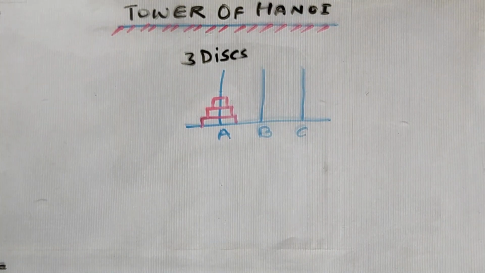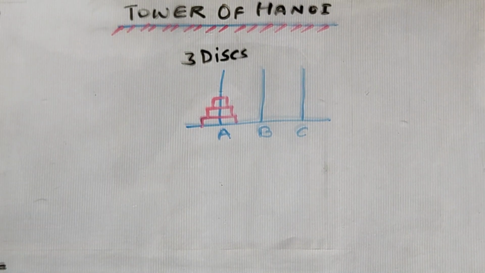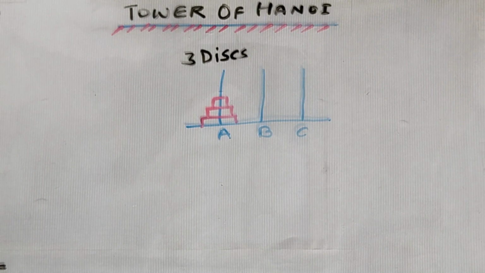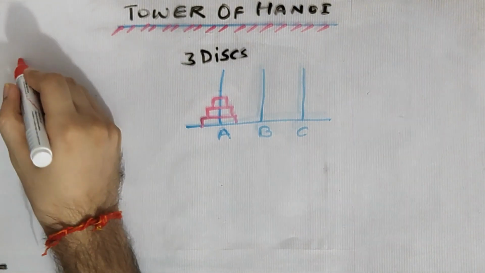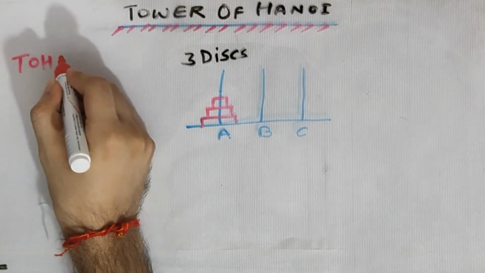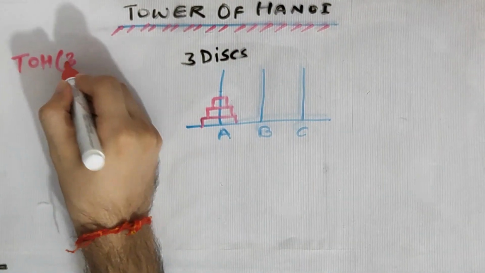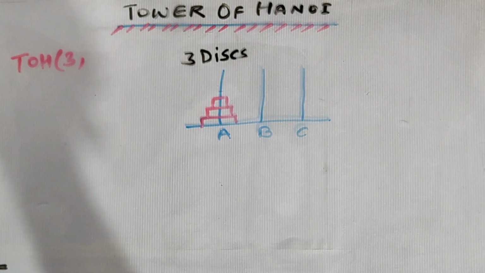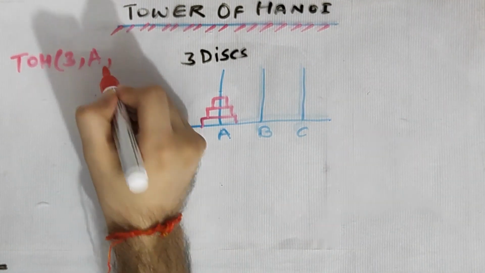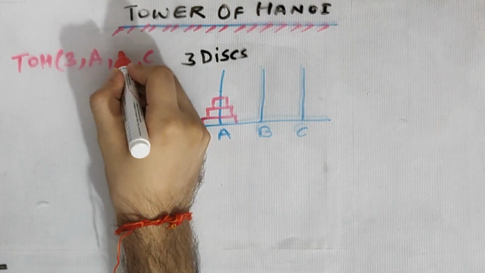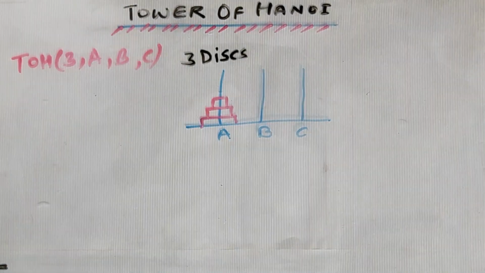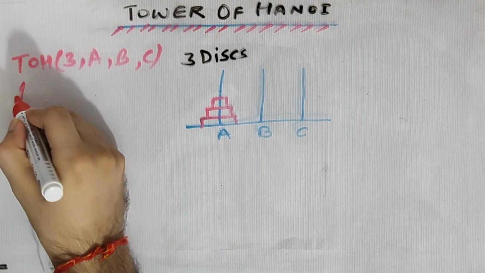Now let us see the case of 3 disks, and how we can move them recursively from tower A to tower C. We write a function TOH. We have to move 3 disks from A to C using auxiliary tower B. Let's see the first step.